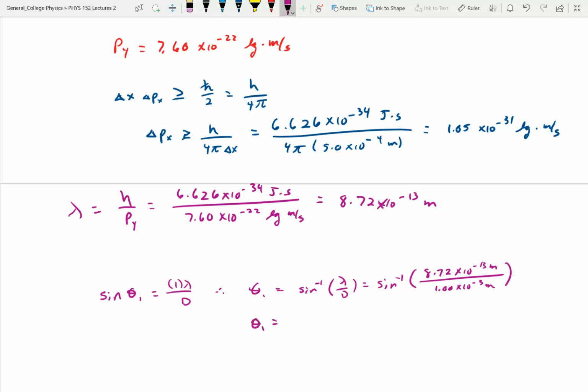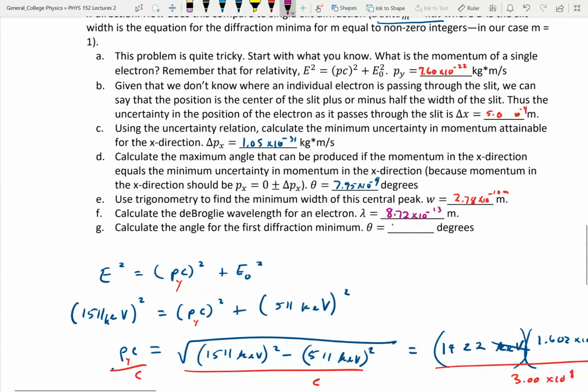So theta 1 is equal to 4.996 times 10 to the minus 8 degrees. Between friends, that's 5.00 times 10 to the minus 8 degrees.